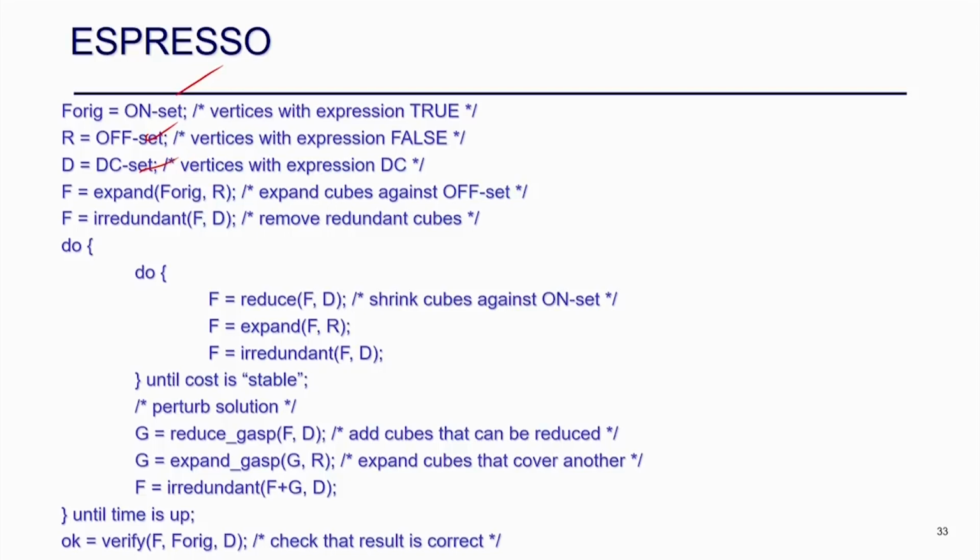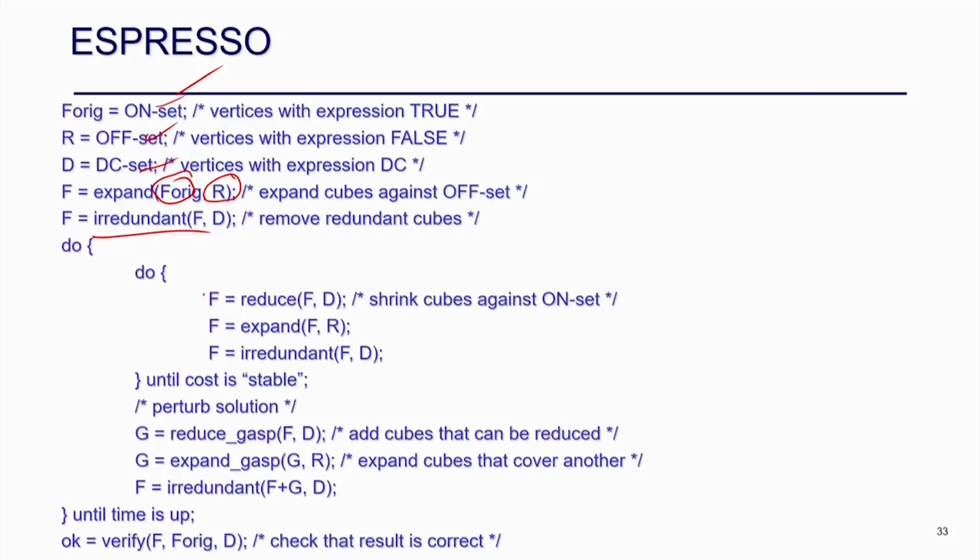So, then it tries to expand, because initially the cover is all the onset, all the minterms are my initial cover, right. Then I try to expand it through the onset and the do not care set as much as possible, so that I will get a bigger cover, or kind of prime implicant, right. Then I do this E redundant to throw out the redundant cubes, right. Then I get some kind of essential cube which is covering all my minterms, right.